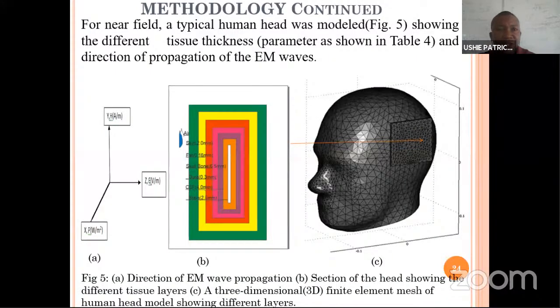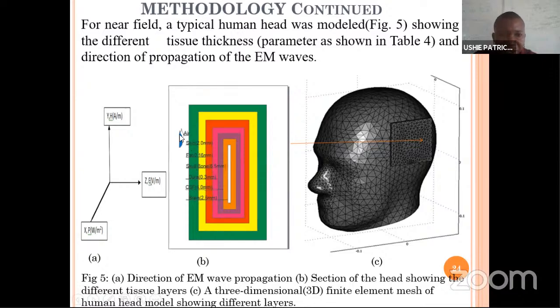So we did some simulation there in the field situation to analyze the different thicknesses of the different tissues before you get to the brain of the human head, where most of the time we find bones very close to the emission distribution towards the head. If you look at this diagram, you see the different layers with their different distances from the surface.